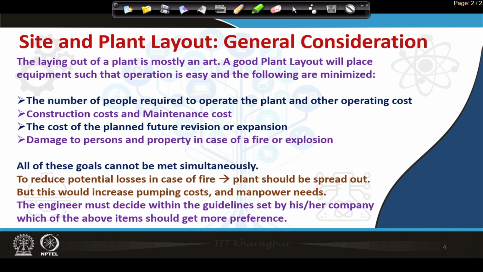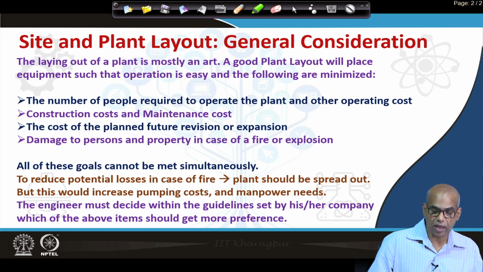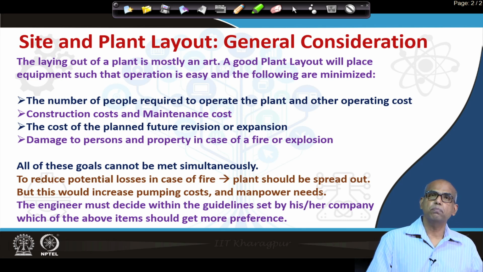All of these goals cannot be met simultaneously. For example, to reduce potential losses in case of fire, your plant must be spread out. But if you spread out your plant, the pumping cost will increase and possibly you will also require more manpower for operation.